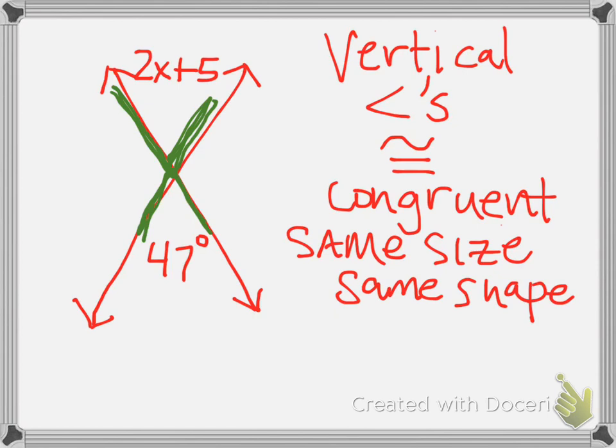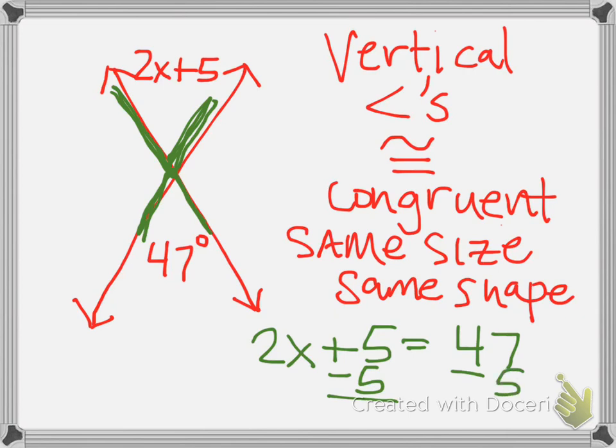Alright, so how you'd solve this is you just say, I'm going to set them equal. 2x plus 5 equals 47. And then you do the algebra. Subtract 5, so you get 2x equals 42. Then you divide, and you get x equals 21.